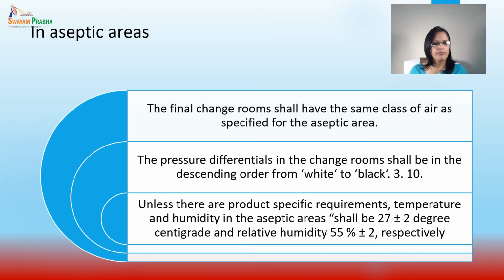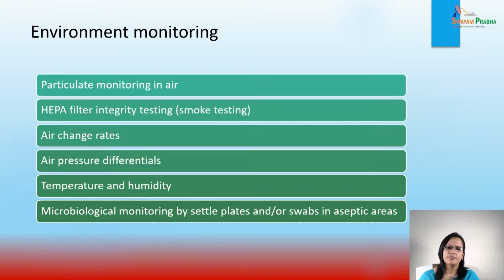The pressure differential in the change room shall be in descending order, from white to black. Okay, so next is environment monitoring for sterile manufacturing products. In the sterile manufacturing area, all the things which we studied in the air control system are verified and fixed in environment monitoring at the time of installation and thereafter monitored at periodic intervals.